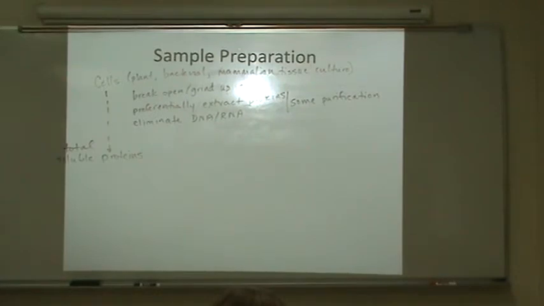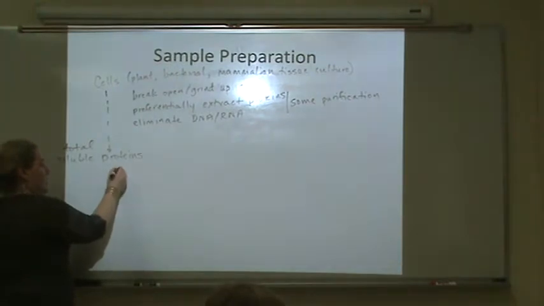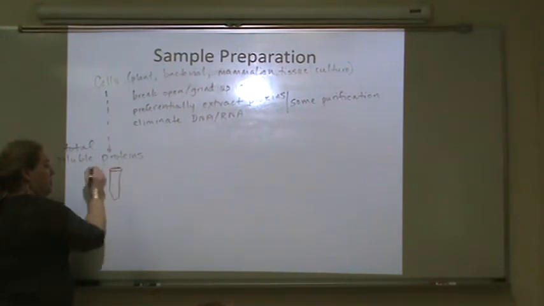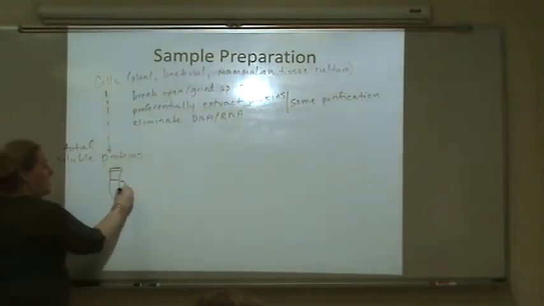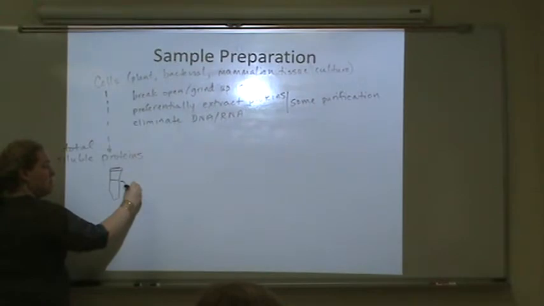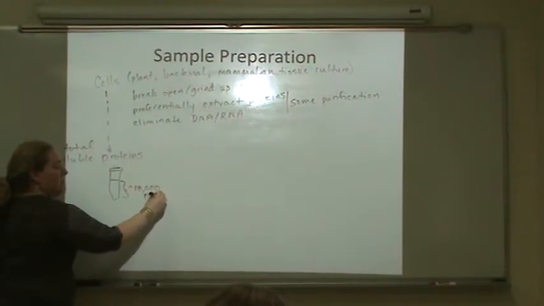So if you did this for human cells and you've got, probably it's a Falcon tube size tube of your protein preparation, and it's soluble and it would be fairly clear, and this whole thing may contain maybe around 18,000 proteins.